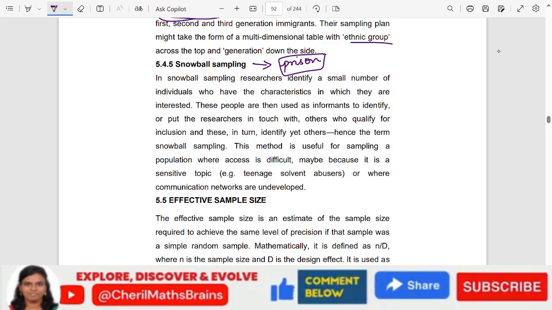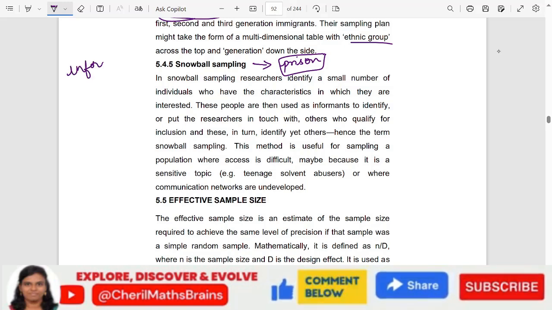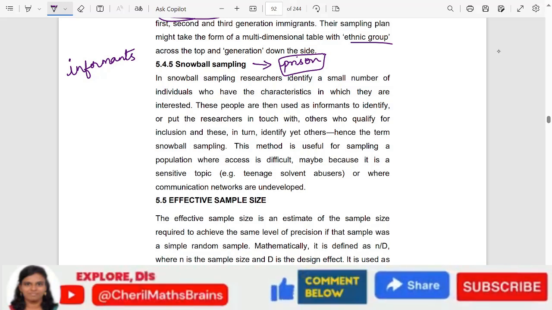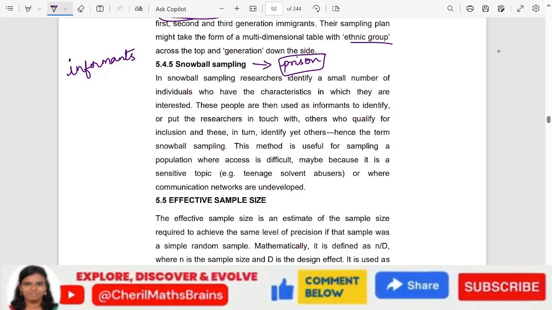So what you can do is appoint people who are called informants. They will identify the people and then collect the data for us.